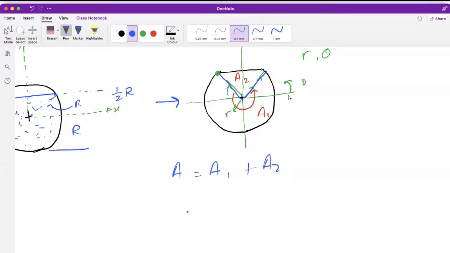So for A1, this is an integral in polar coordinates. Because we're dealing with polar coordinates, we no longer need the double integral. You have to just review this.